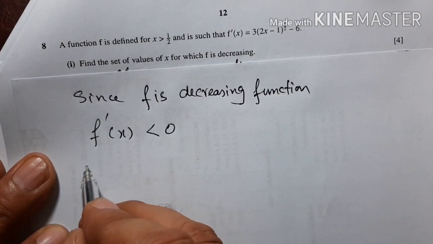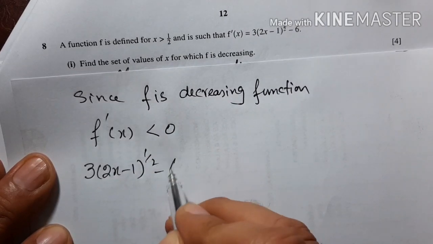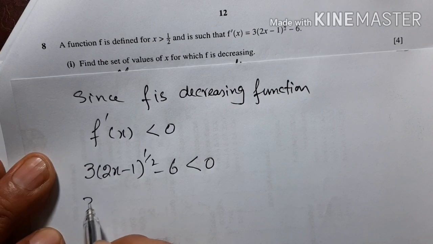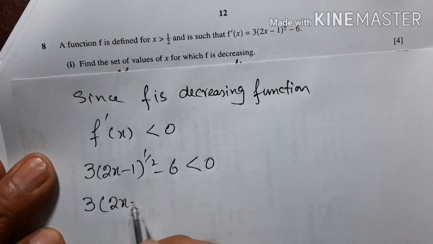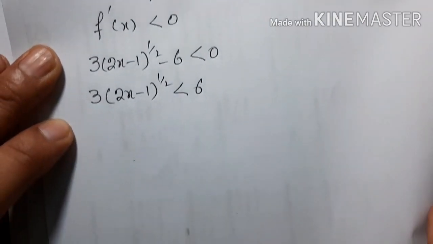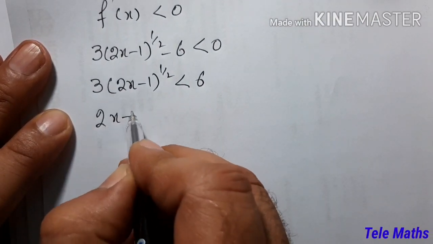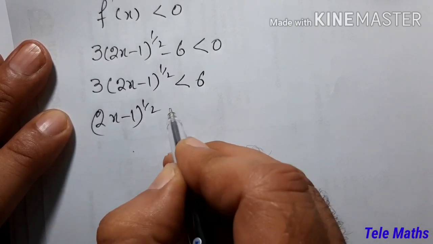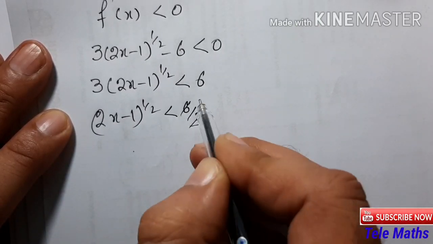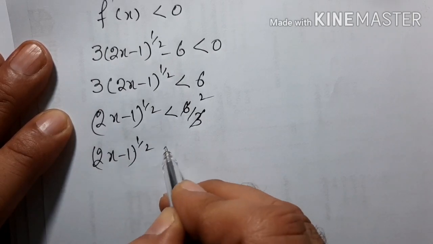Means 3 into 2x minus 1 power 1 by 2 minus 6 is less than 0. 3 into 2x minus 1 power 1 by 2 is less than 6. Take 6 on the other side and 3 on the other side as well. So 2x minus 1 power 1 by 2 is less than 6 over 3, which is 2.